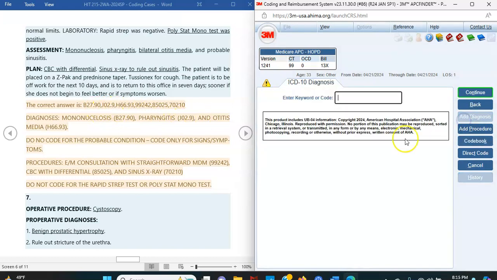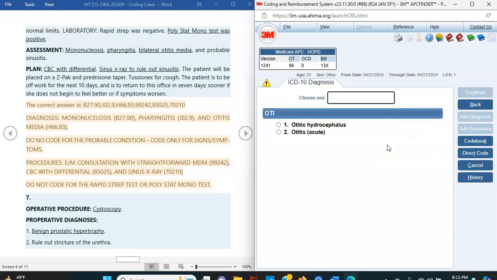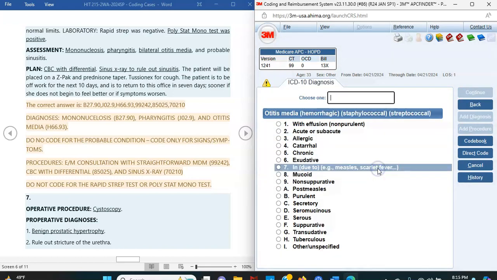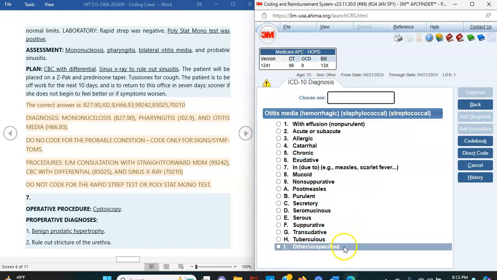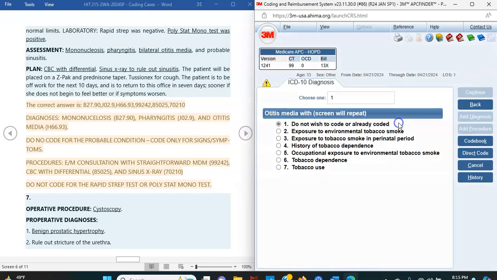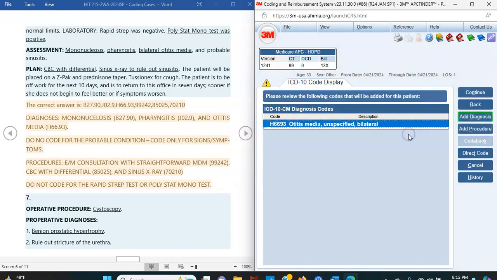And then the otitis media. Other, and it was bilateral. Yes, bilateral. Okay, so H66.93 for the otitis media. And that's all of our diagnosis codes.